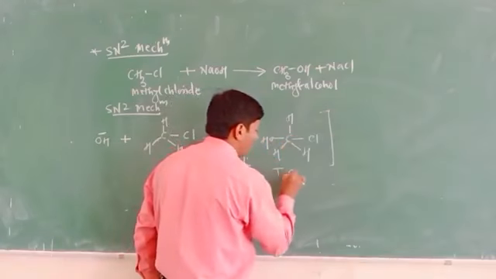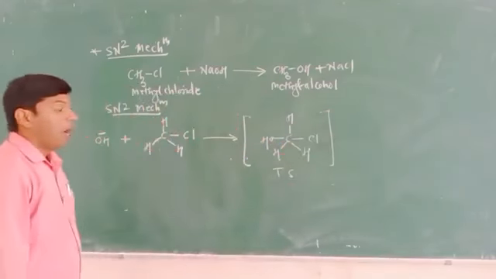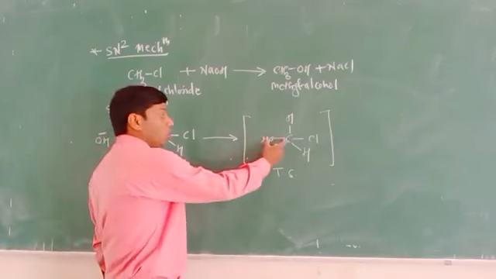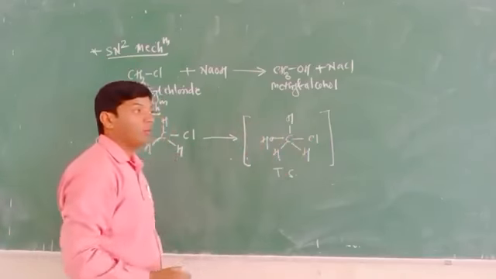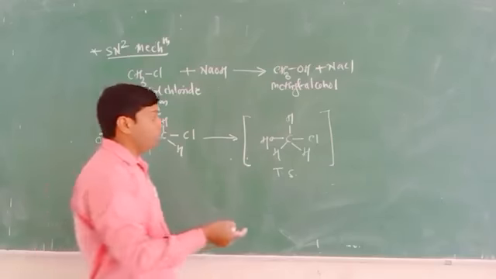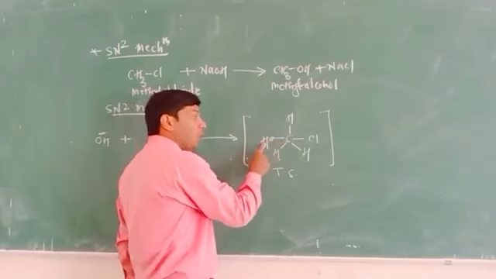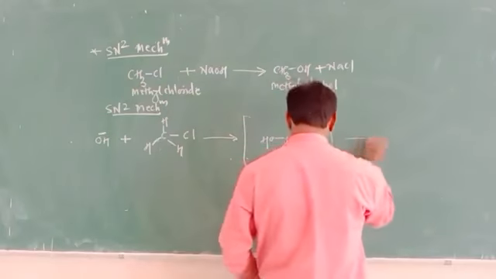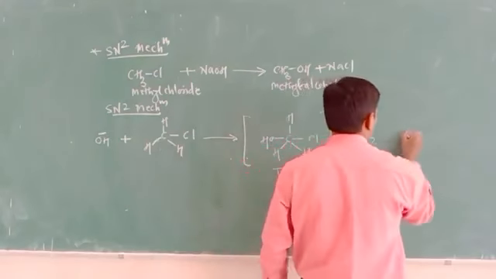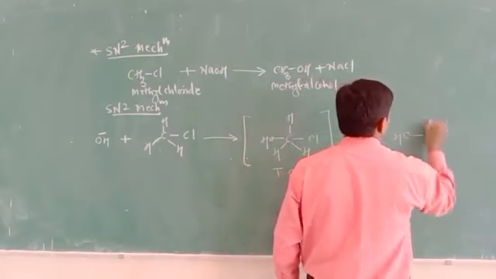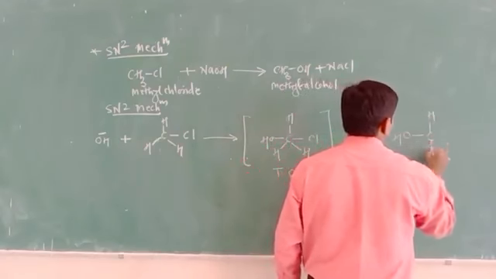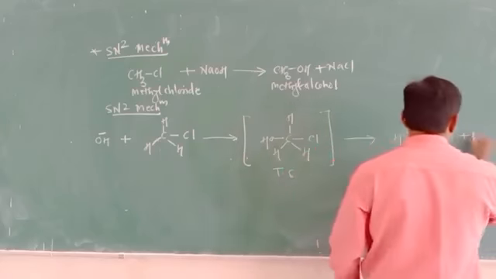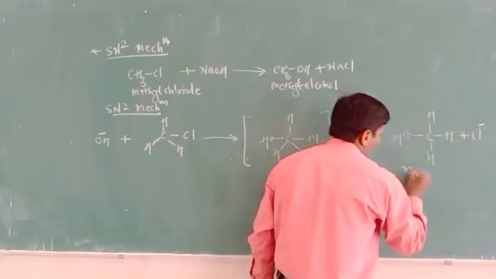This is happening in the transition state at a higher energy level. Breaking and forming takes place. Here the C-OH bond will form and the C-Cl bond will break, and it gives as product HO-CH3, with H and H, plus Cl minus. This is called methyl alcohol.